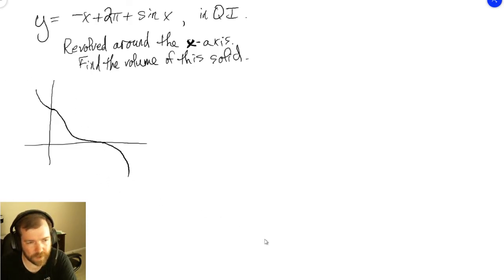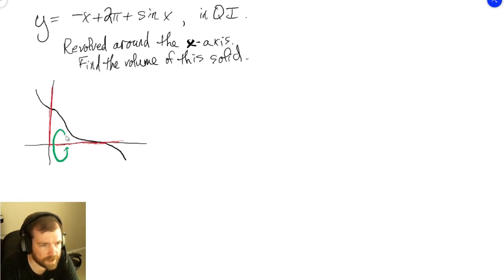Alright, roughly speaking, because this is going to be a terrible graph, but it's cool. Again, we only want the stuff that is in quadrant 1. That's like this. And then this is going to be revolved around the x-axis like that.